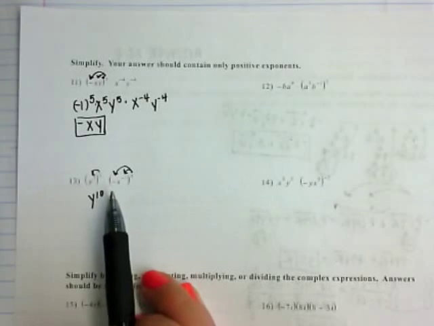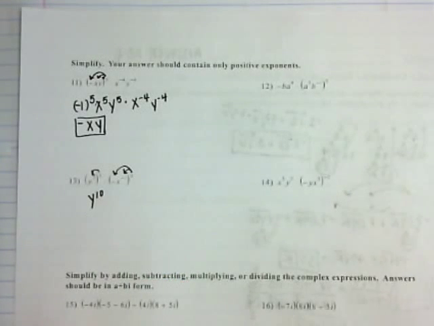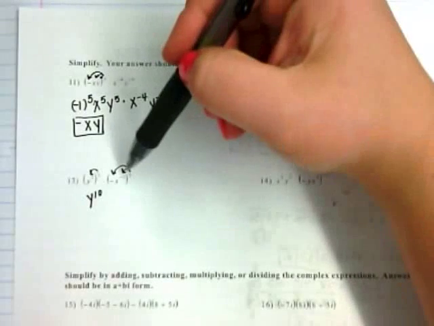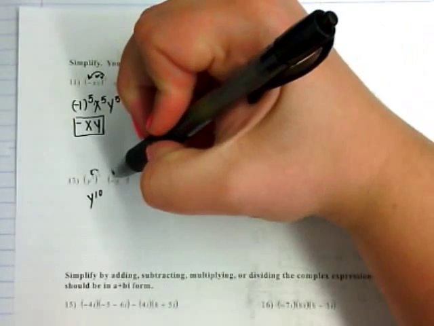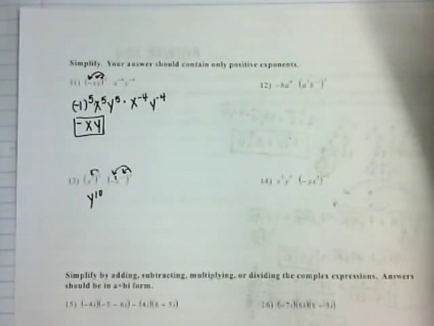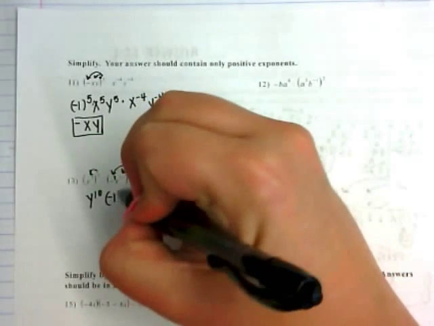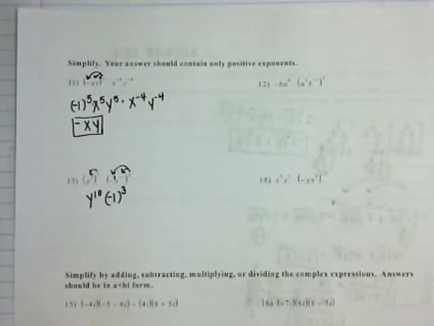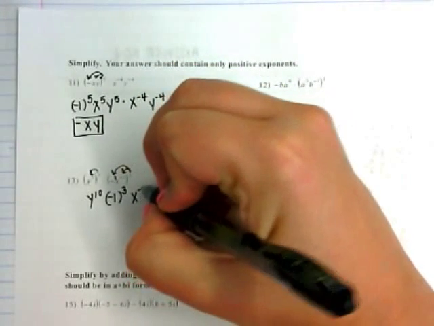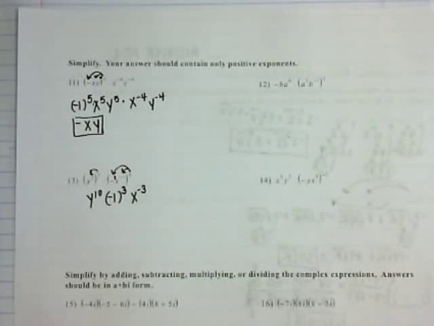So what that means there is I would have a fraction because I have a negative. What I'm going to do is go ahead and multiply the two exponents because technically the negative 1 right there has an exponent of 1. So I'm going to distribute the 3 and go from an outside-in approach. So if I have negative 1 and I raise it to the third power, there's the negative. And then with the x, I'm going to get x to the negative third power.